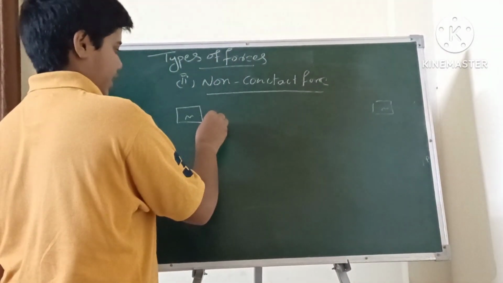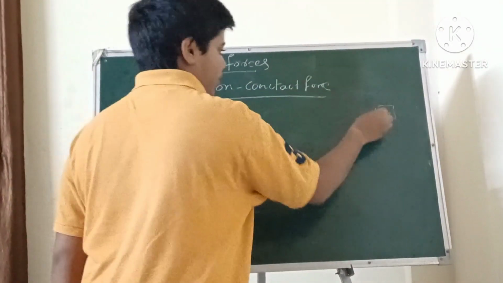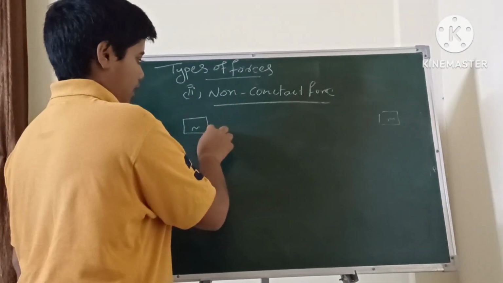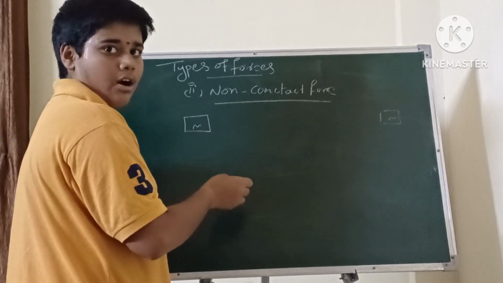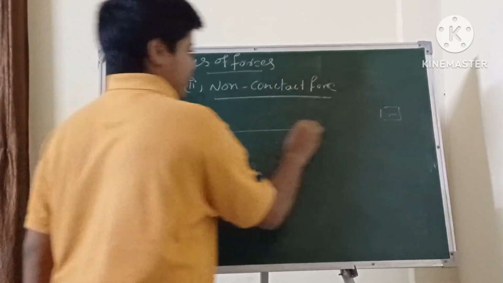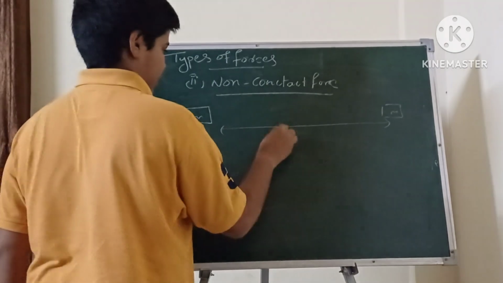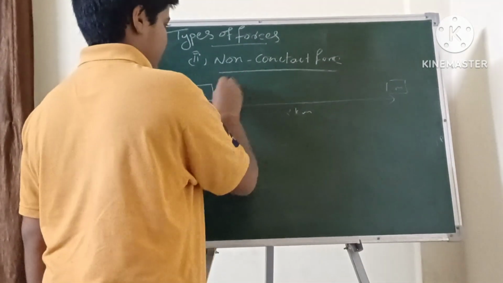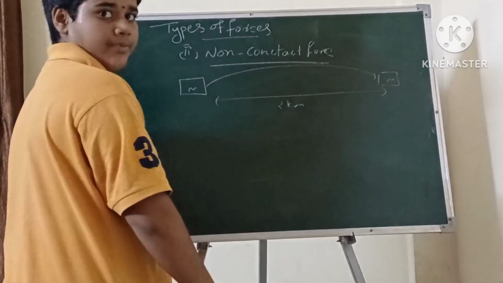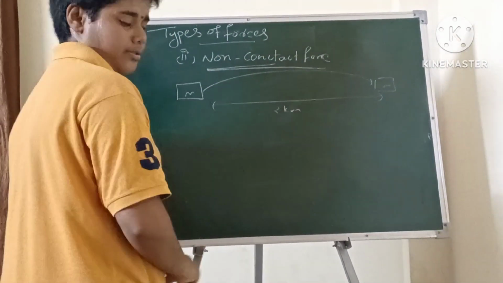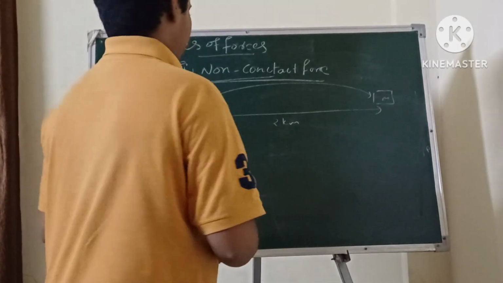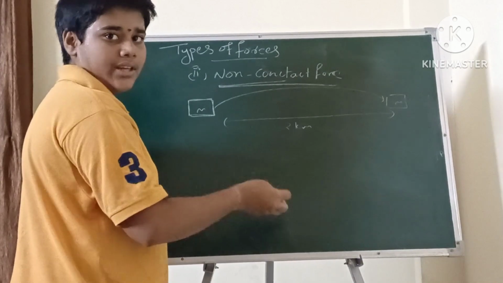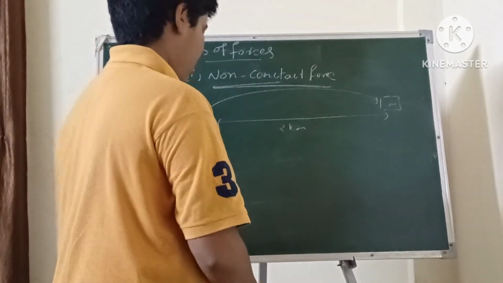The force is applied from this body to this body, which is not direct contact and tied with string or rope. This is some distance from this body and this body, 2 kilometers, and force is applied from this body to this body. This is called non-contact force. Okay? When body is not in contact and tied with string or rope, that is called non-contact force.